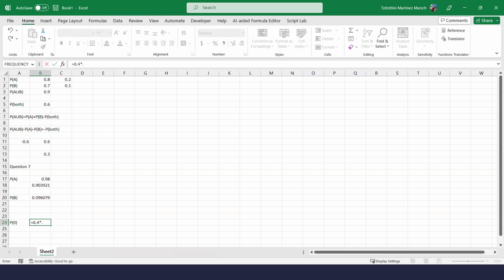And it's going to be 4 people. 0.4 times 0.4 times 0.4 times 0.4. So the probability that none will quit smoking is going to be 0.0256.